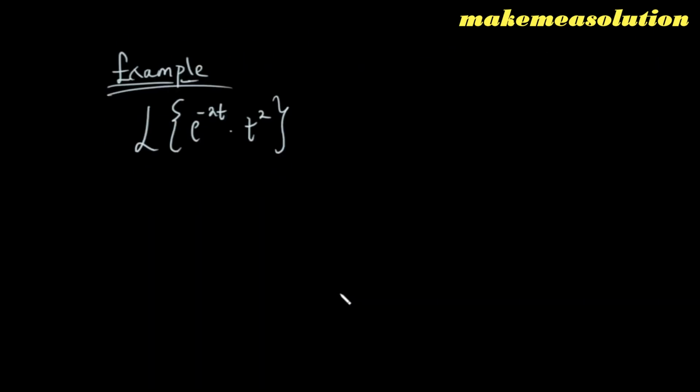So in the case of treating it as the first shift theorem, I used this one as my f of t. Remember, you understand? Then this one was the parameter that contributed to the shifting. But this time around, I'm going to switch the roles of these terms such that I'll choose my f of t to be what?